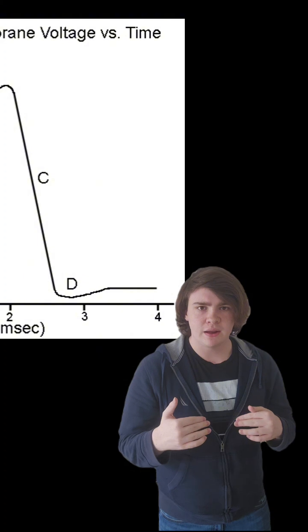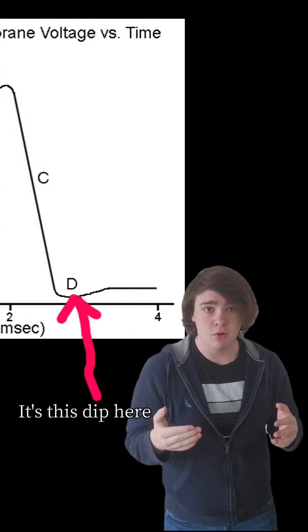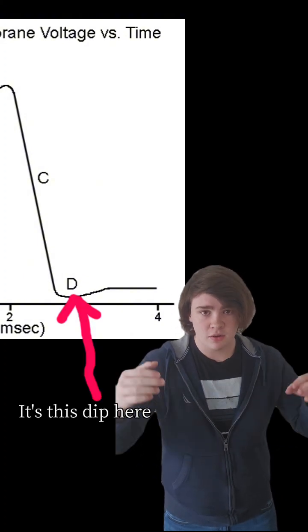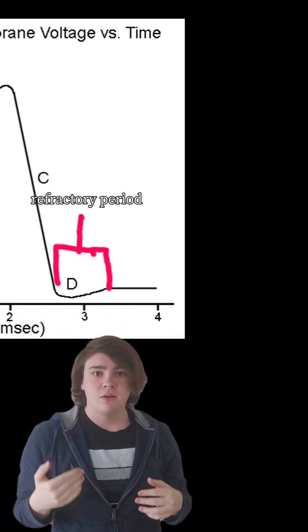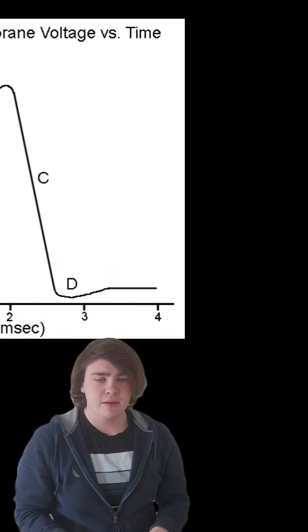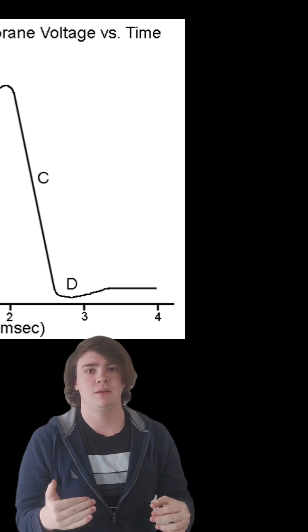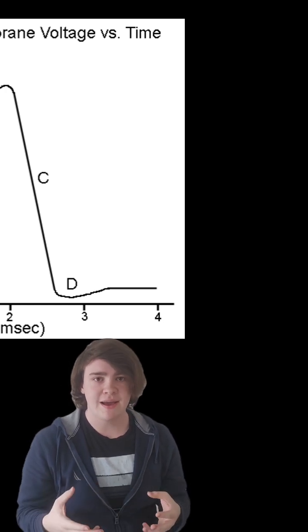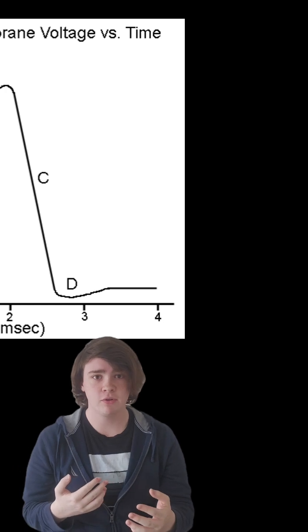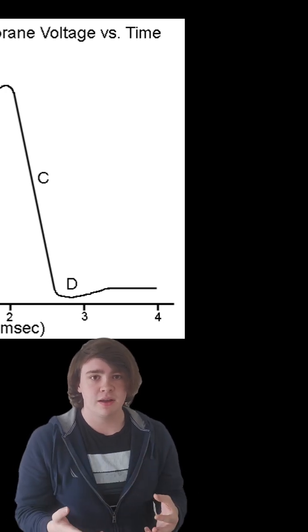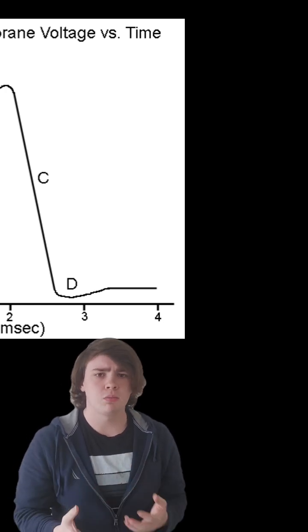Us being below the negative 70 is called the hyperpolarization stage, and all of this kind of makes up the refractory period in which we go below our negative 70 and we come back up to it. And then at that point, we reactivate our pumps and keep us at a negative 70 microvolts level until the next stimuli comes along, and then we repeat the whole process again.